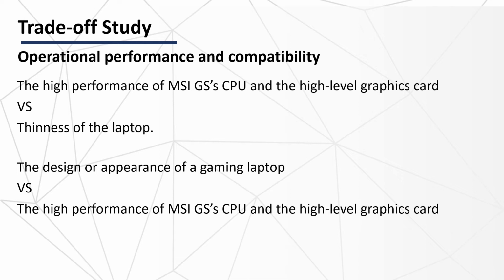Because as we all know, if we want our computer to have high performance, it usually can't be thin at the same time, because it needs the space for those kinds of high-performance hardware, right? So this is the first trade-off.